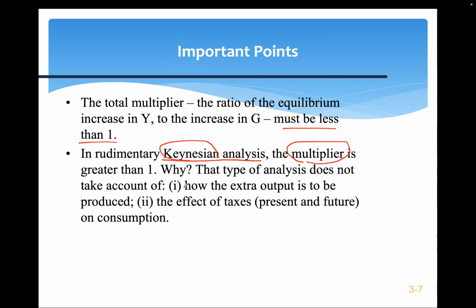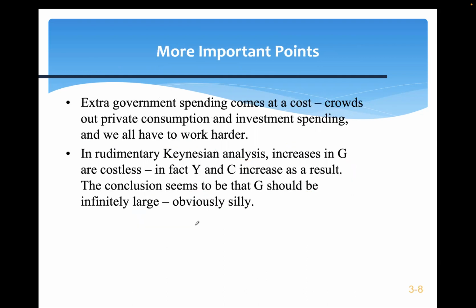Because we have taken into account two additional things, right? Number one, how the extra output is to be produced, right? So this is going to have an impact on the interest rate. And number two, the effect of tax, right? So the tax is going to have an impact on consumption. Okay? So that's why the multiplier is less than 1 instead of greater than 1, right?